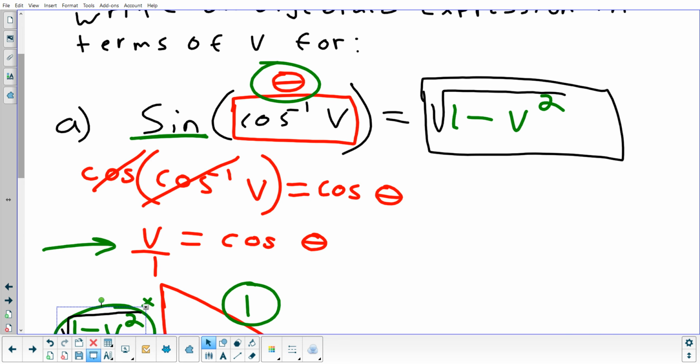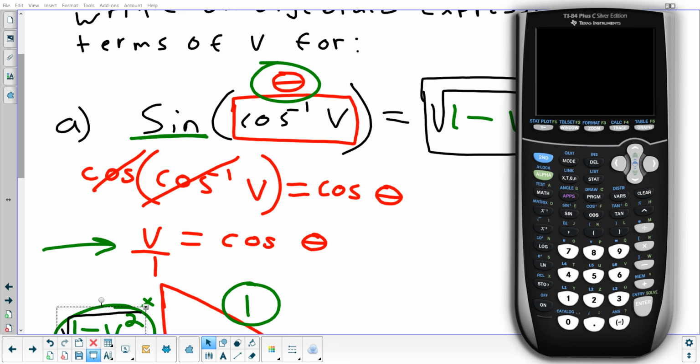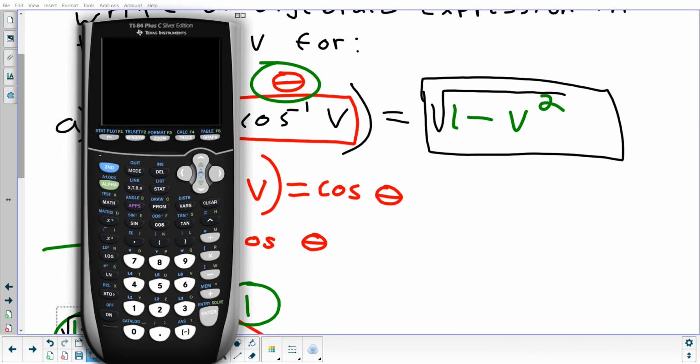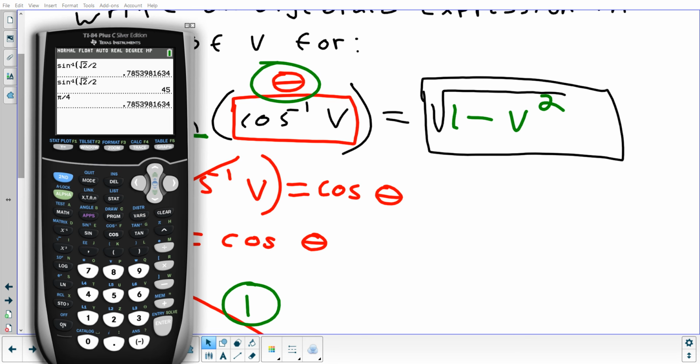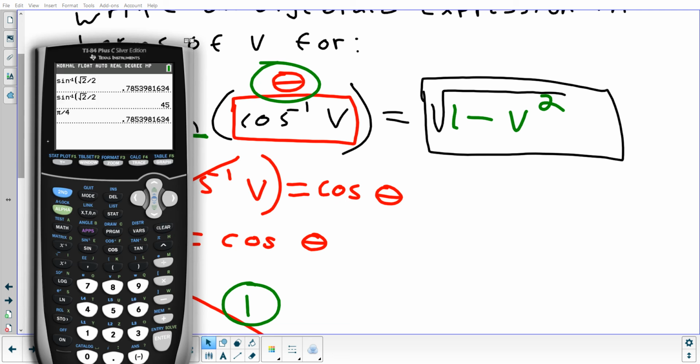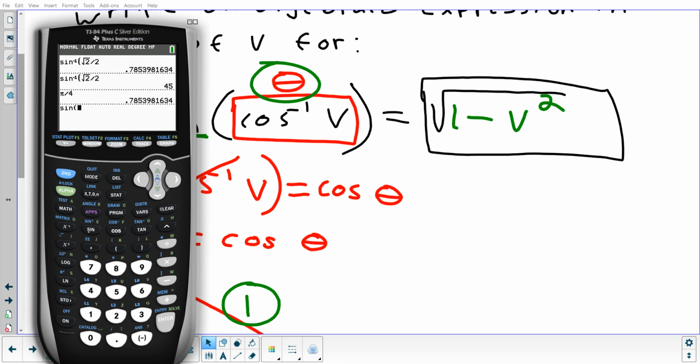Let's check that. Let's pick a number for v that we're allowed to plug in. Remember, inverse cosine has a domain of -1 to 1. So just pick a number and try it. Let's do 0.65. Let's take the sine of the inverse cosine of 0.65.